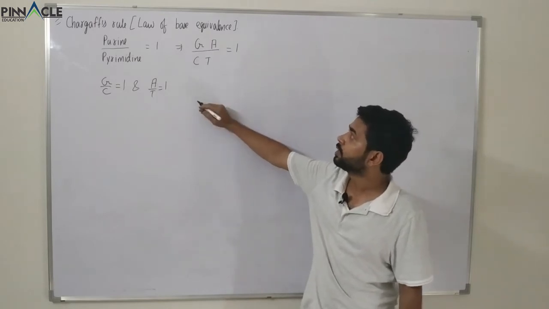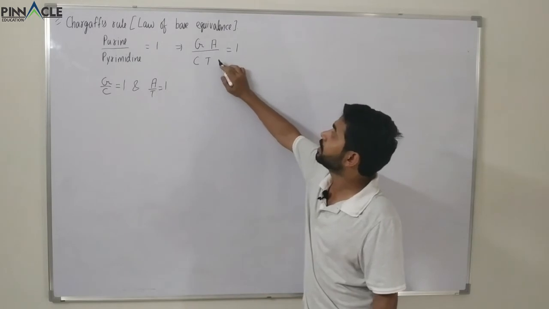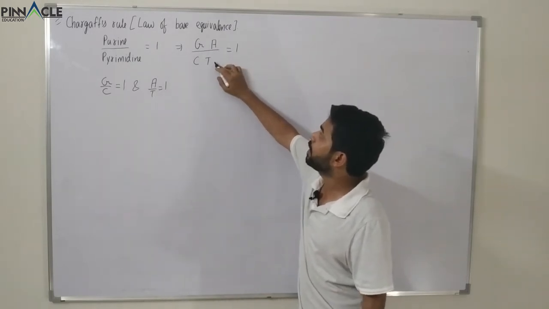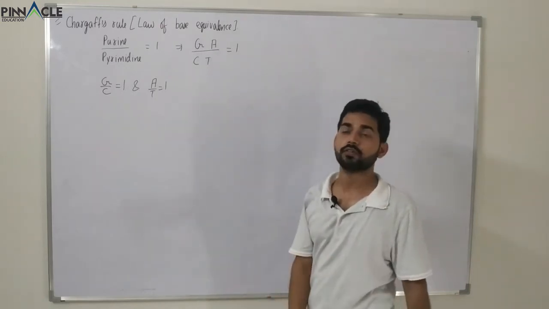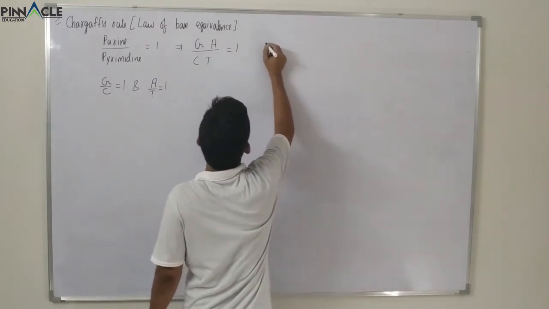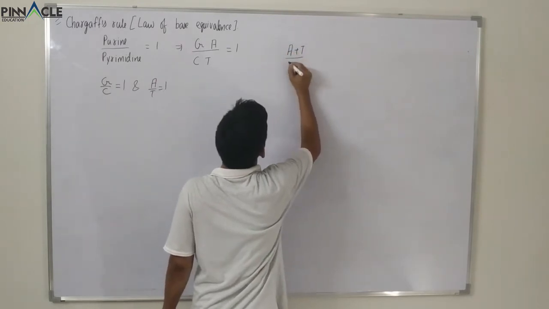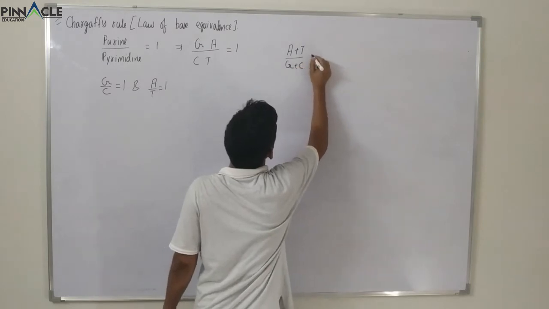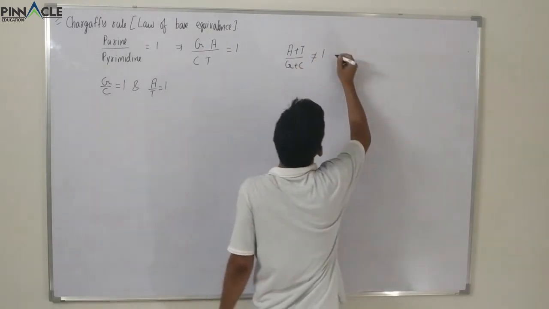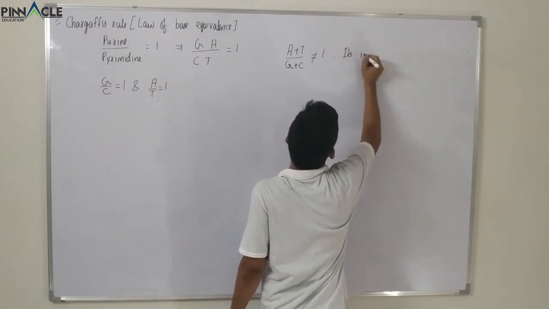Now one thing to be considered here is that if G plus A and C plus T, that is their ratio, are 1, could it be that A plus T by G plus C would be equal to 1? That will never be the case. It is not equal to 1, but whatever its value is, it is fixed for a species.